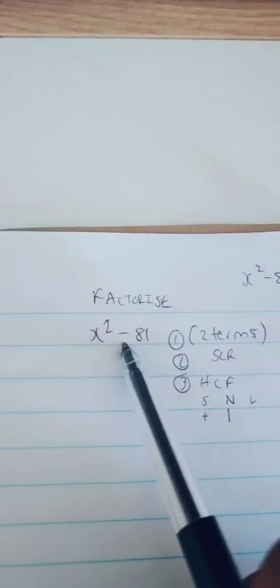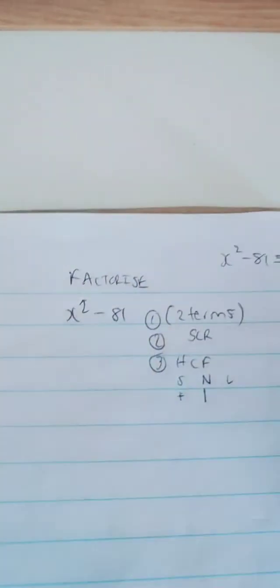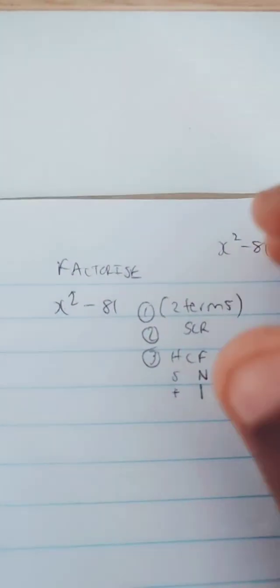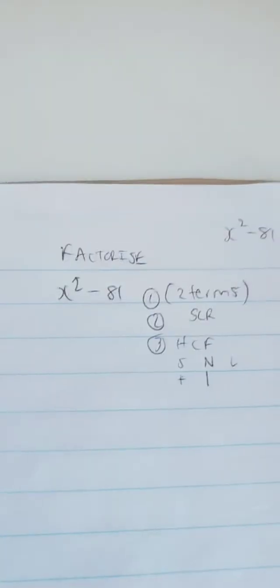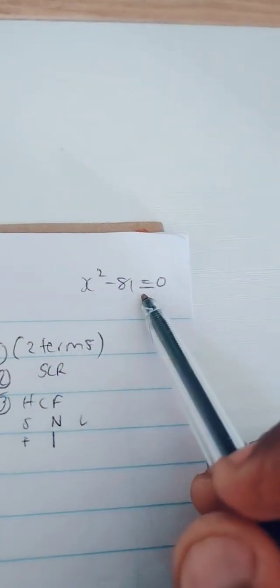Guys, there's a difference between an expression and an equation. Please take note: when you are given an expression and they say factorize fully, I don't need solutions, x is equal to this or x is equal to that. You only do that if they specifically give you an equation.